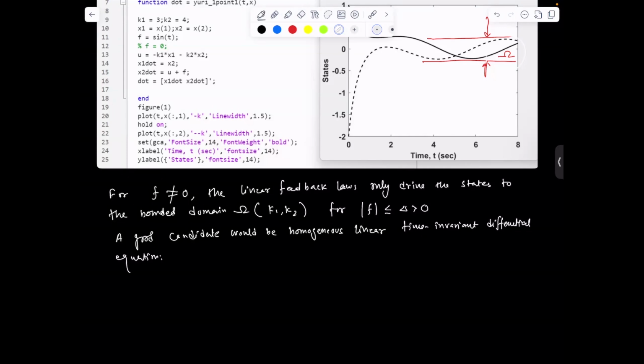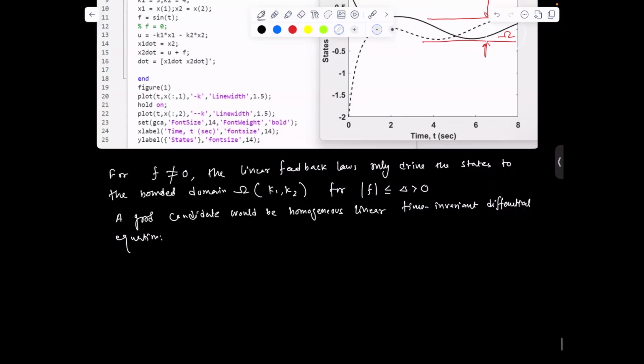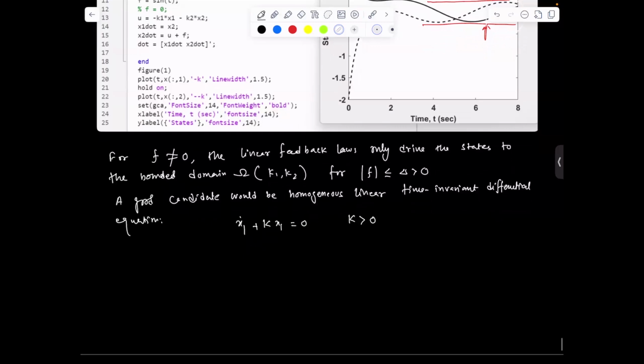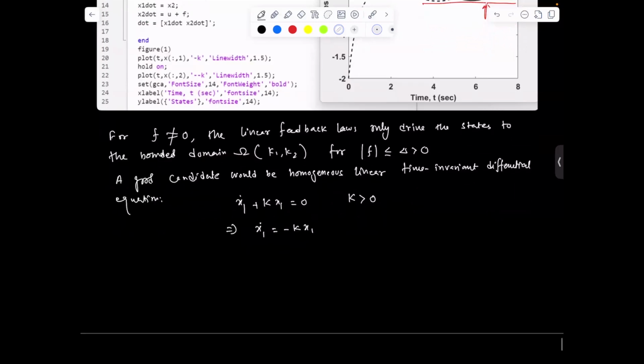We are choosing a linear system, which is time invariant, using the state variables x1 and x2. So here we are choosing the equation x1 dot plus k x1 equal to 0, with k greater than 0. From this, we can write x1 dot equal to minus k x1. This is the homogeneous linear time invariant equation we're assuming.